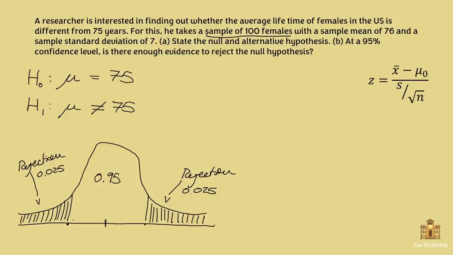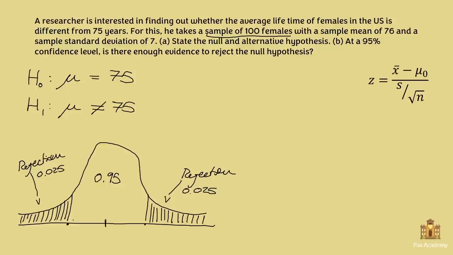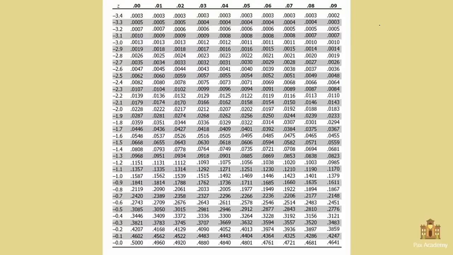In order to do this, we need to look at the Z table. The value you need in order to find the Z value is this 0.025. We're going to need to find 0.025 inside this table and then look horizontally and vertically in order to find the values.